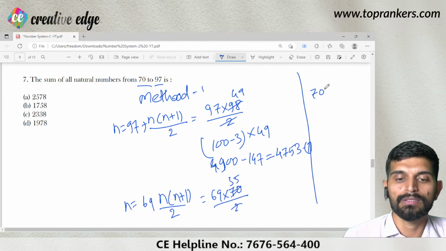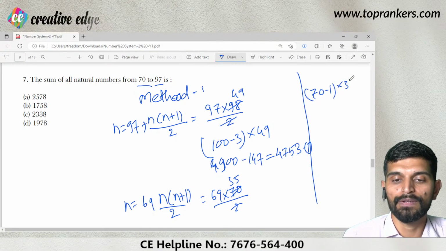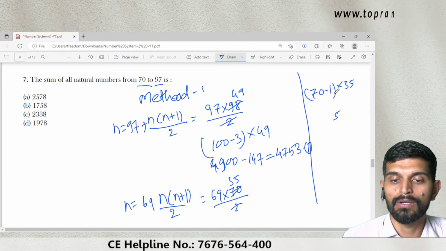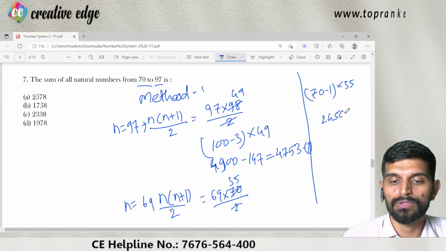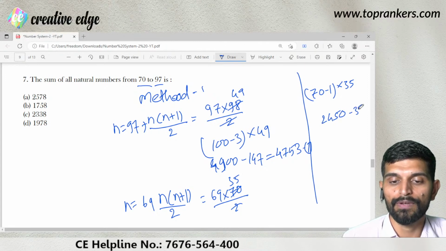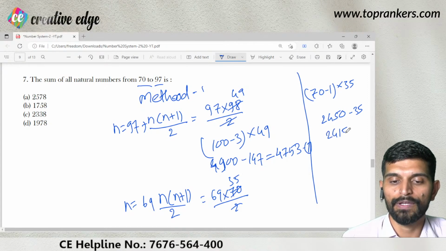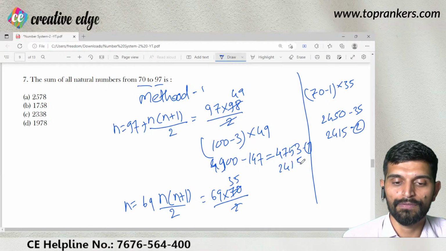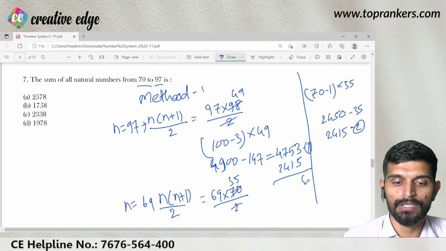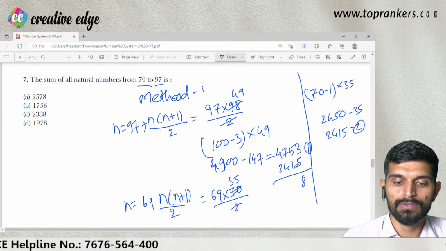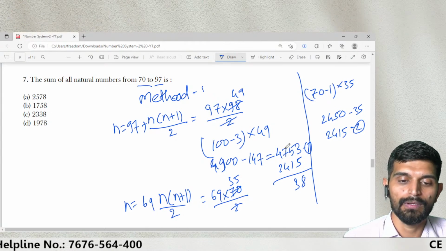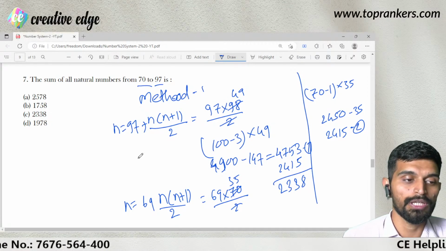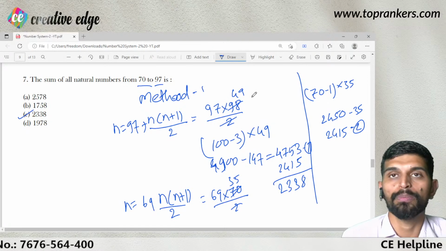Or I can say 70 minus 1 into 35. 7 5s are 35, 7 3s are 21 plus 3, 24, 240, 2450 minus 35. That will be 2415. So subtract this 2415. 13 minus 5 is 8, 4 minus 1 is 3, 7 minus 4 is 3, and 4 minus 2 is 2. 2338. So answer should be option C.